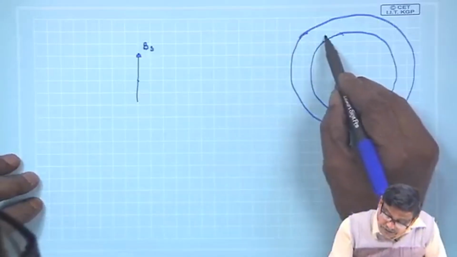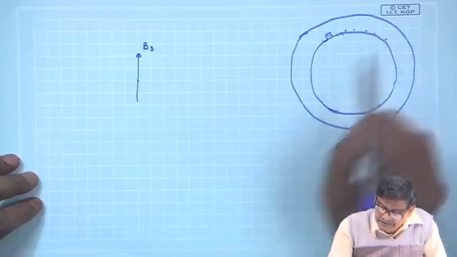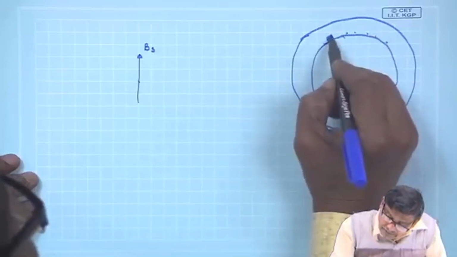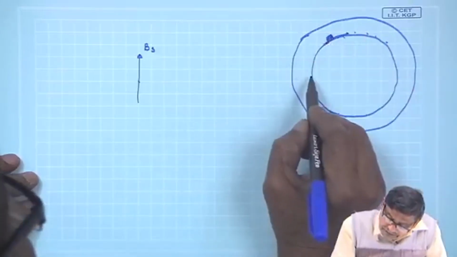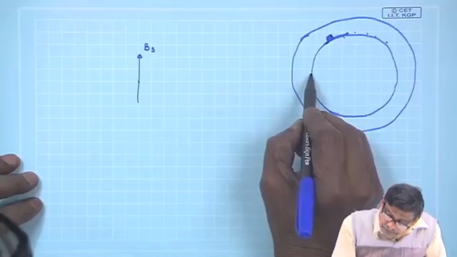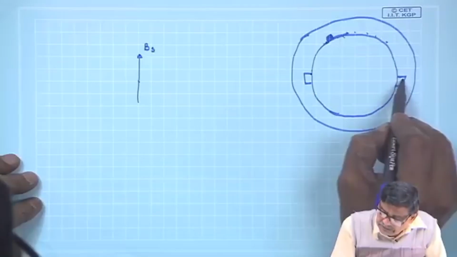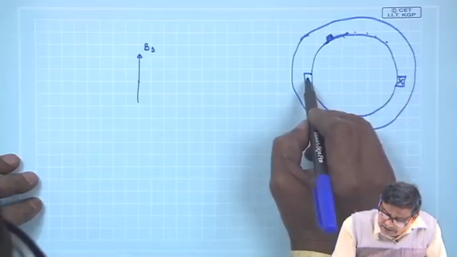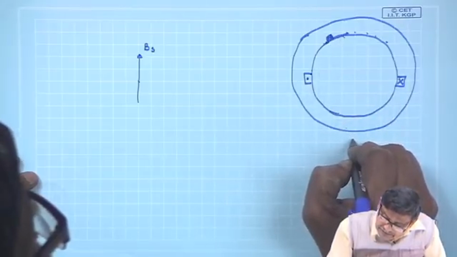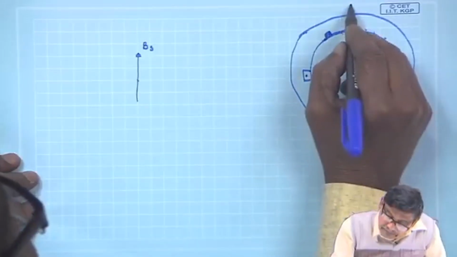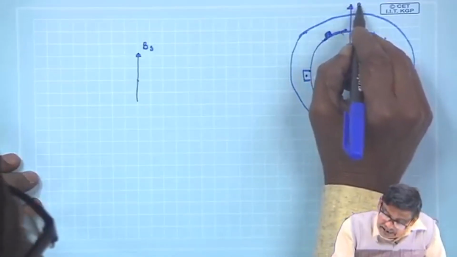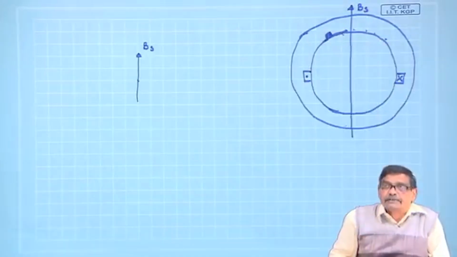This is suppose your stator slots, stator coils, etc. And suppose for simplicity there is a pair of slots, you are passing some DC current and there is a field which is created, let me call it BS.